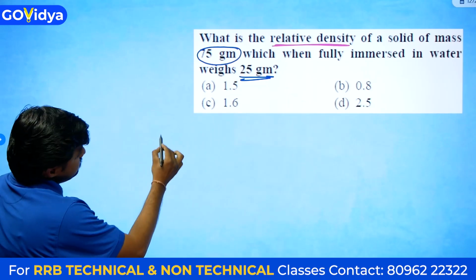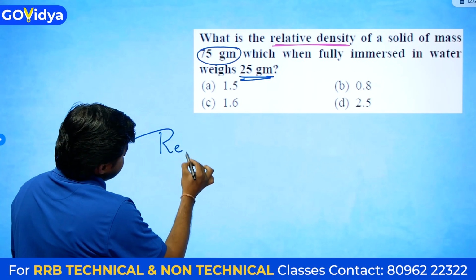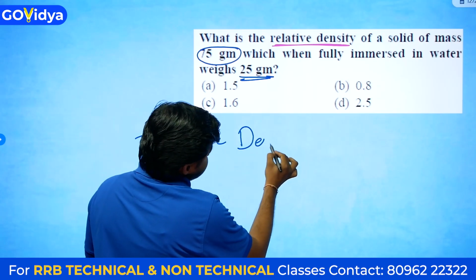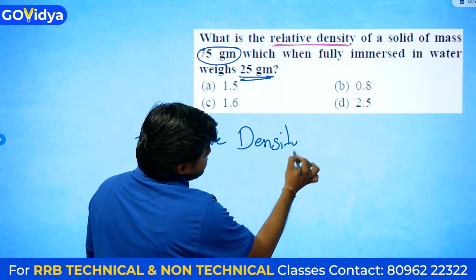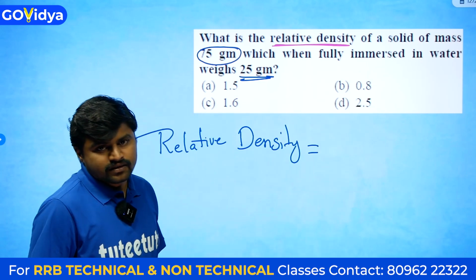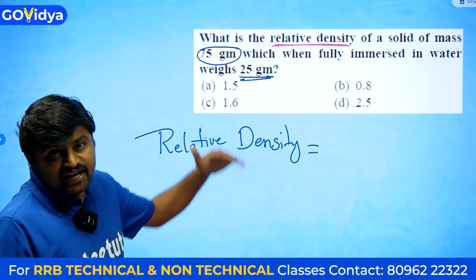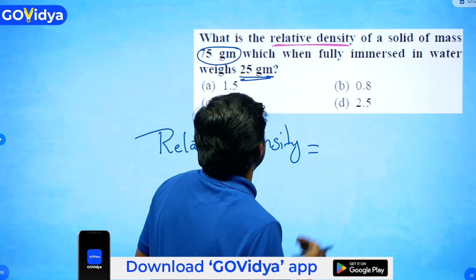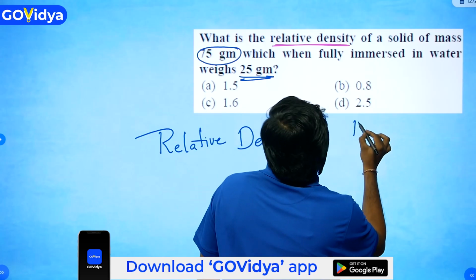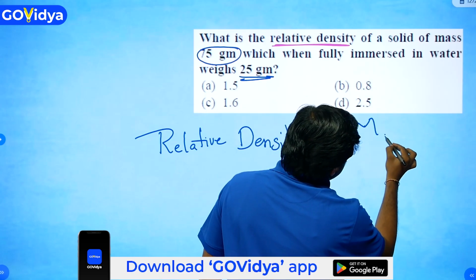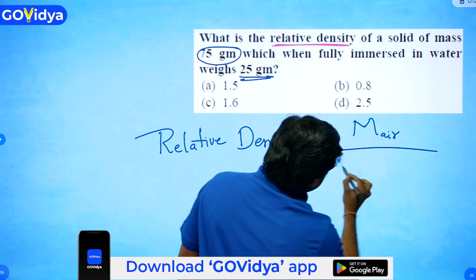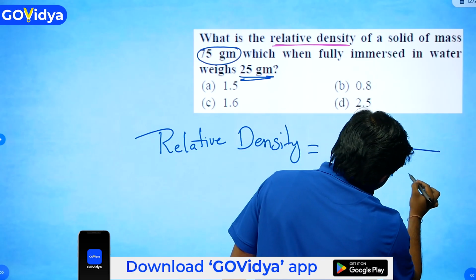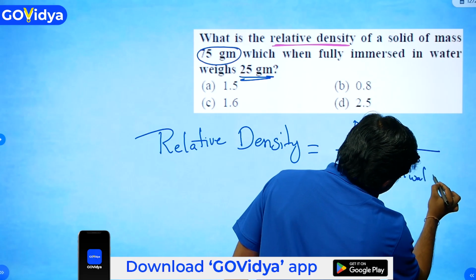Relative density is equal to mass of the substance in air by mass of the substance in air minus mass of the substance in water, okay.